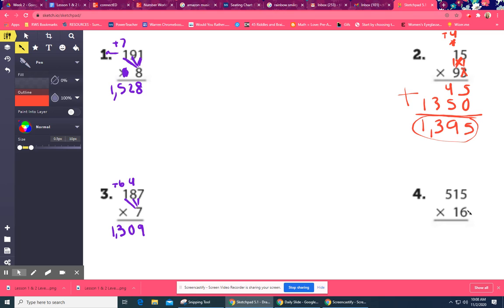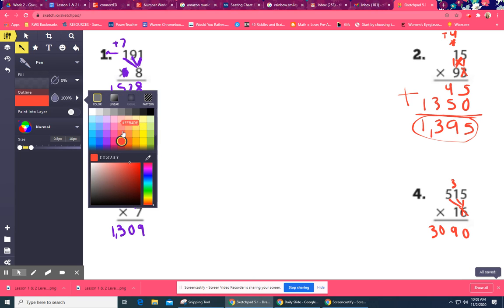Let's try that again. Start in the bottom corner with the 6. 6 times 5 is 30. Separate it like that. 6 times 1 is 6, plus 3 is 9. And then 6 times 5 is 30 again. All right, I'm done with my 6. I will not be using it again.